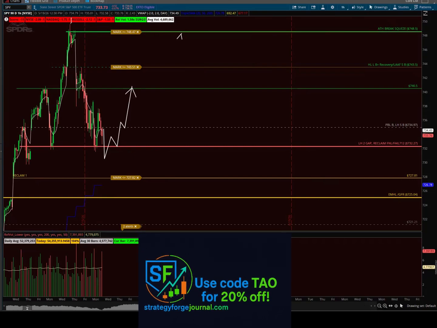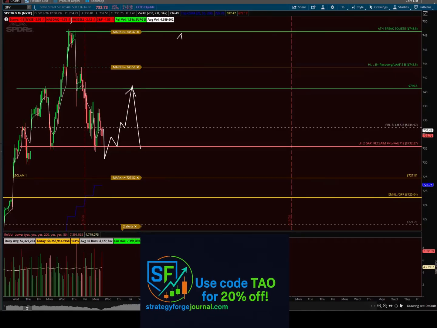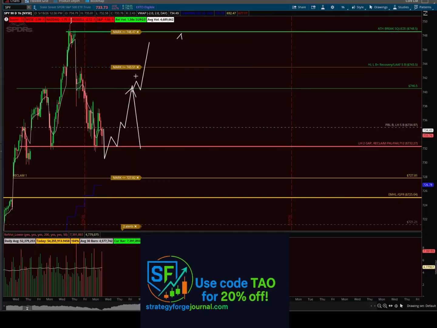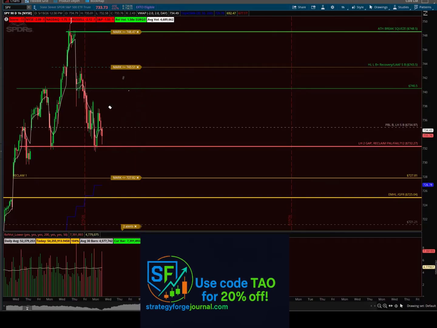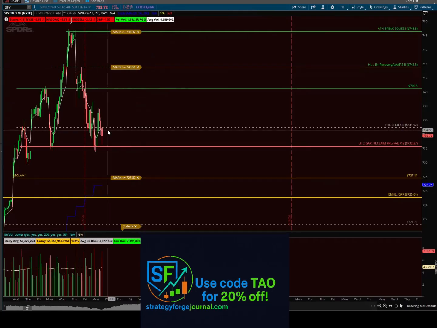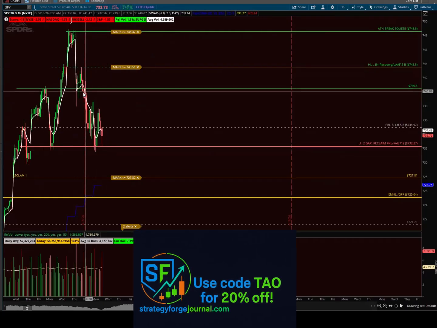Do sellers step back in right there and bring us in for a head and shoulders type pattern, or do we just simply recover over that? I think the answer to that question is probably going to come with whatever happens with NVIDIA earnings and how the market reacts to NVIDIA earnings. So that's two things we're looking for. The key levels here are 732.25 and 740.50.